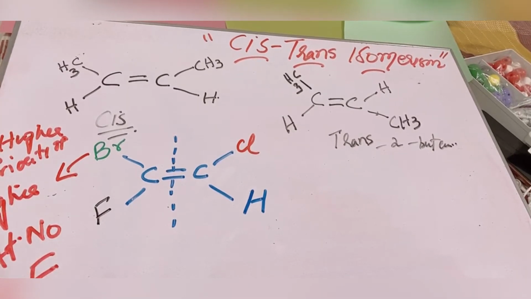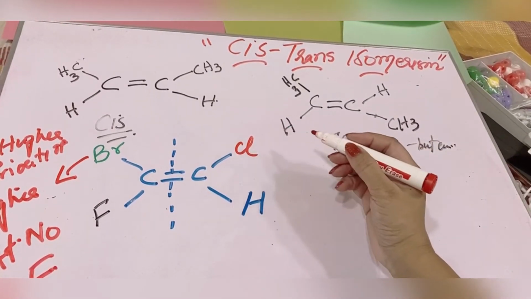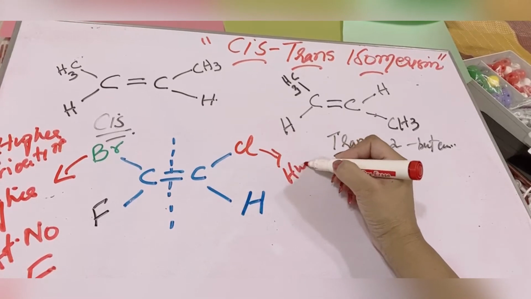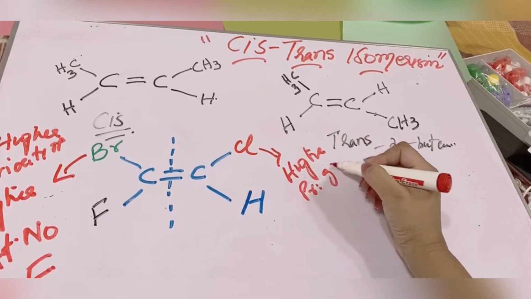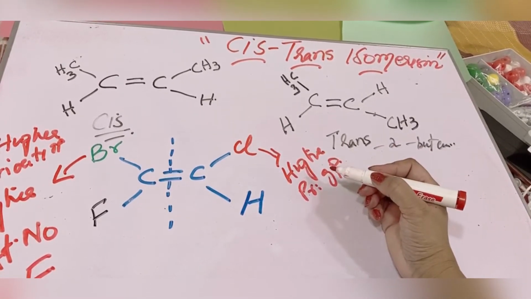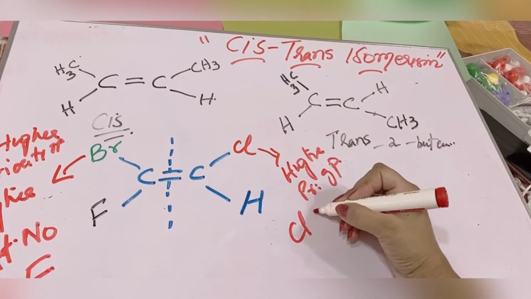And whereas at this side, chlorine is the higher priority group. This one, it is the higher priority group. Okay, because chlorine has higher atomic number as compared to hydrogen.